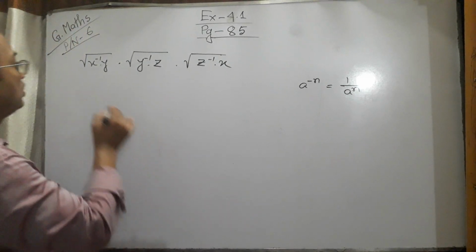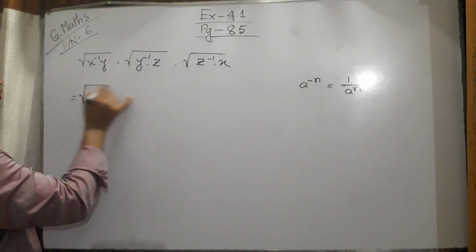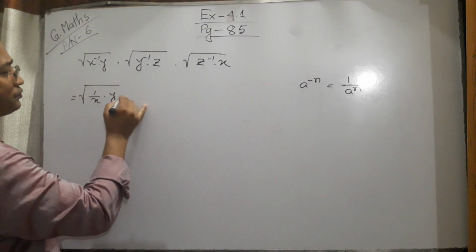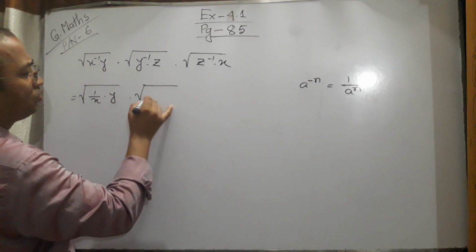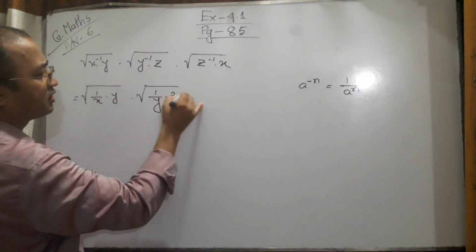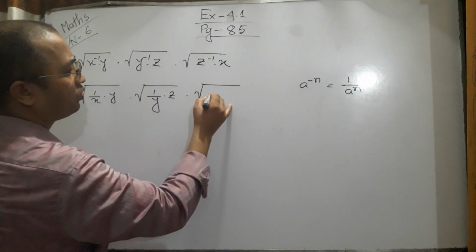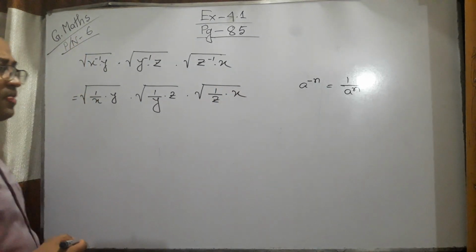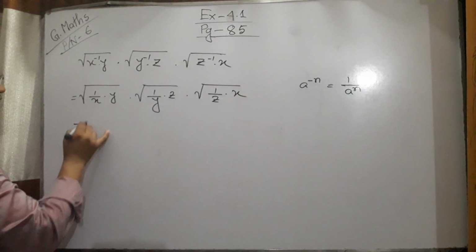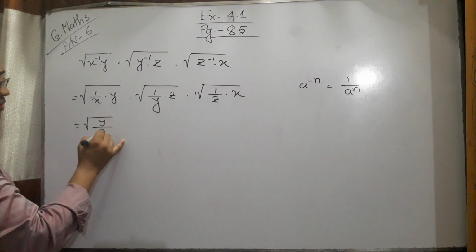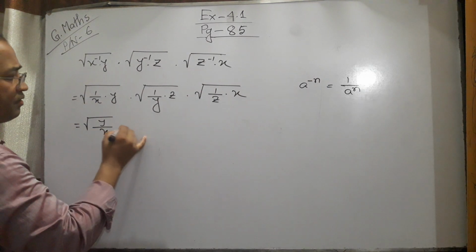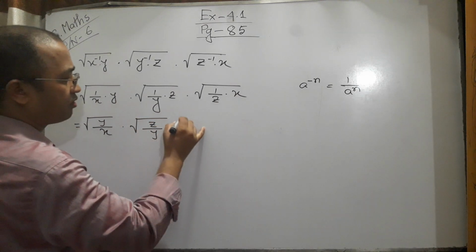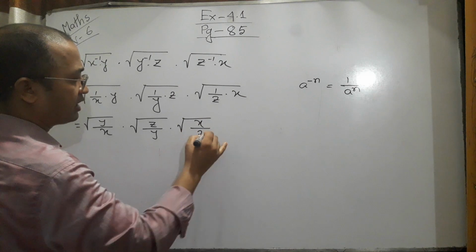So look, root over 1 by x into y, root over 1 by y into z, root over 1 by z into x. Now we can write like this: root over y by x, root over z by y, root over x by z.